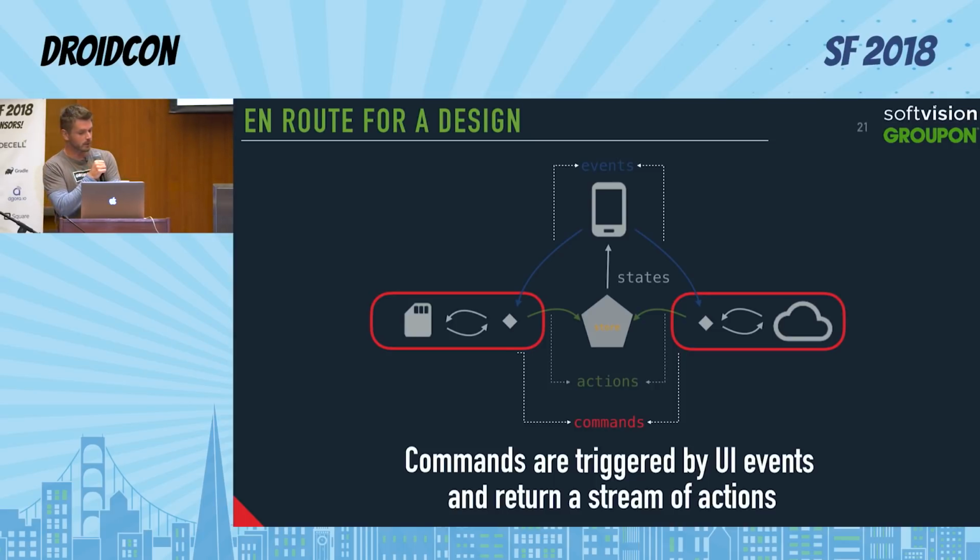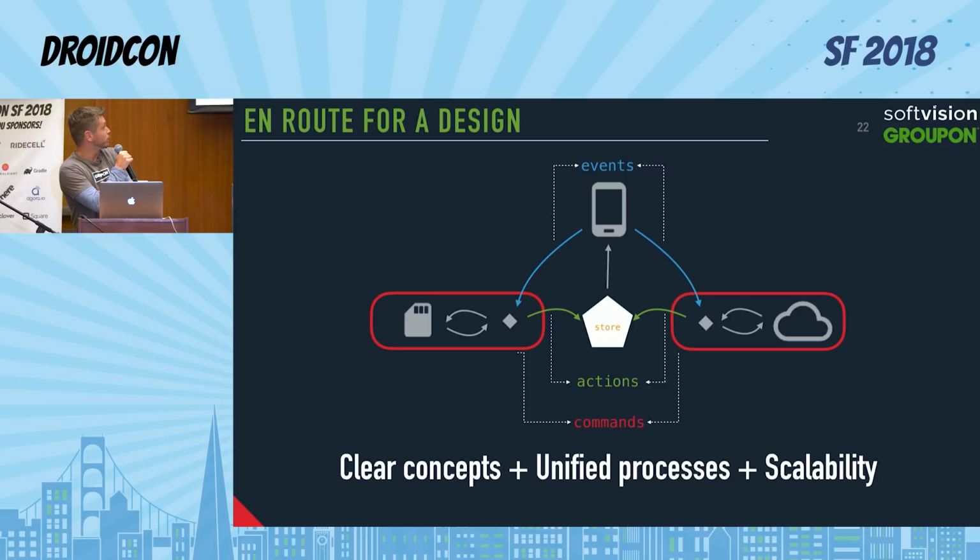So now, if you look at the picture we got on screen, we got very clear concepts. So we got the store, we got the state, we got actions that are state changes, and commands that produce a stream of actions. And also we got the UI events. We also got unified processes, because we can represent any kind of operation by the red squares as commands.